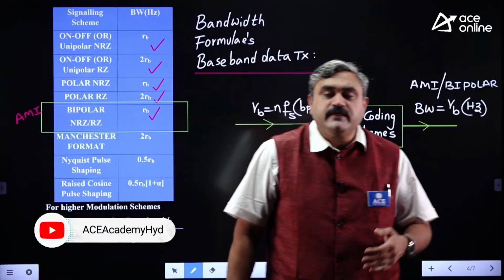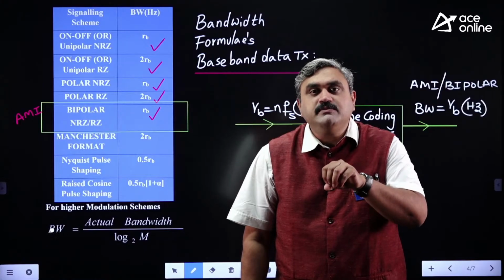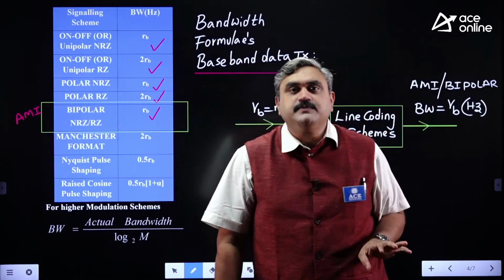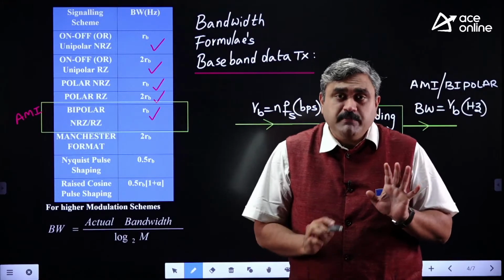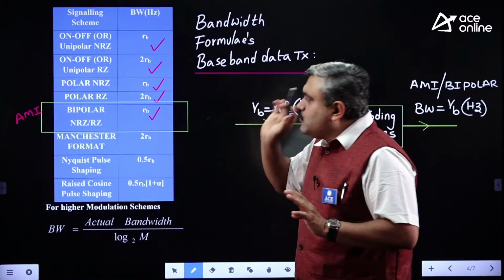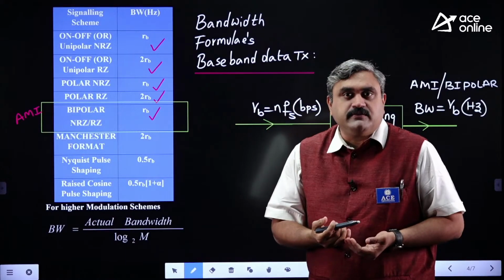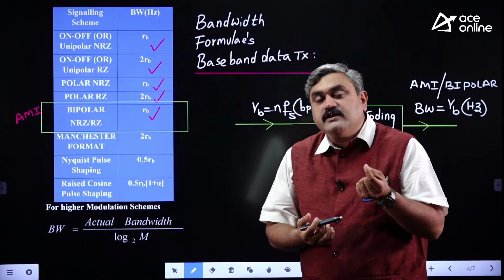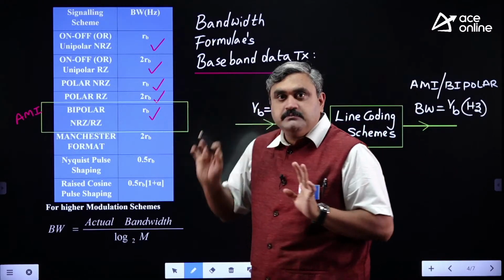Many times you might see in a standard textbook saying bit rate and bandwidth will be the same, and they simply write RB bits per second as bit rate and RB in hertz for bandwidth. But be very careful, they are not the same. They will be the same when you are using this coding technique. Now if you go for higher order schemes like Manchester, where each bit is represented with two different voltages, then bandwidth will get doubled.